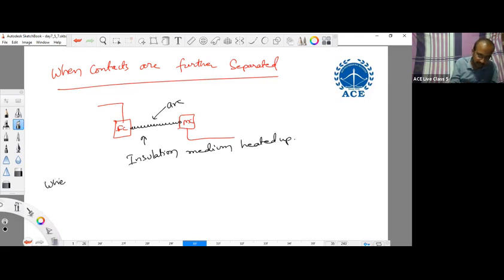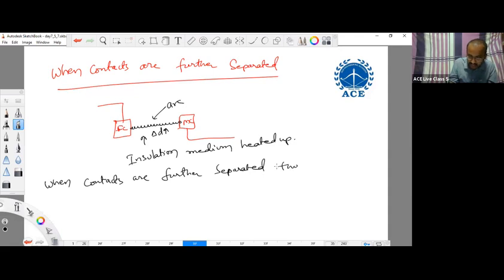Here the spacing is increased, no doubt, but when the contacts are further separated, the arc continues to exist.